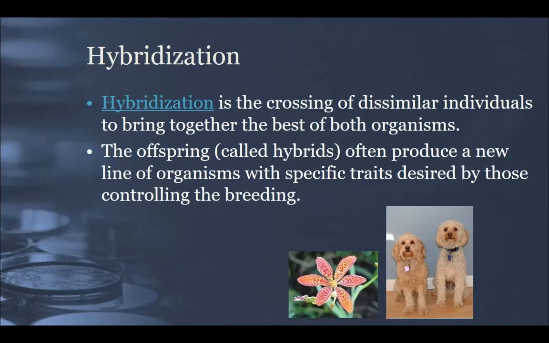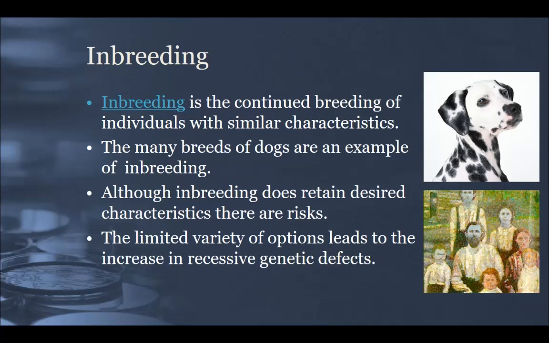You also see here in the picture on the bottom right, labradoodles, but there are tons of other crossbreeds, and you get these new hybrids, some of which become their own popular breeds later on down the road. So in these cases, we're taking things that are not alike, breeding them together to get new combinations that didn't previously exist. The opposite of what we see with inbreeding.